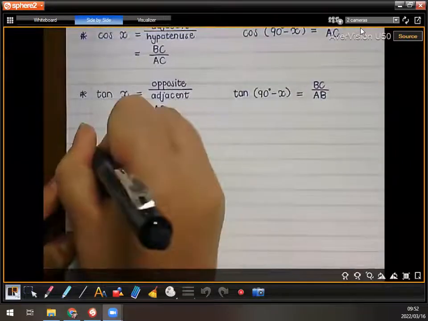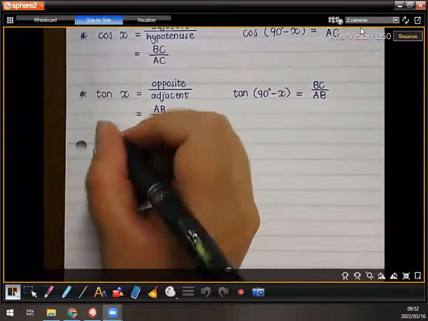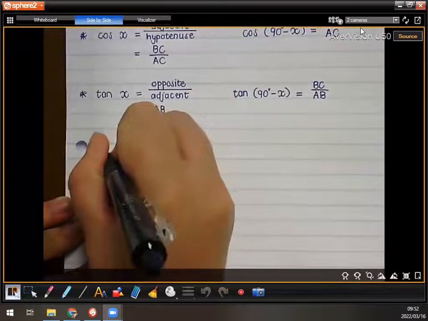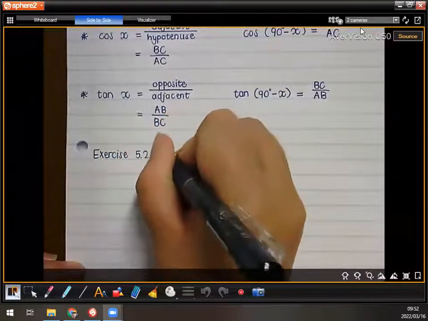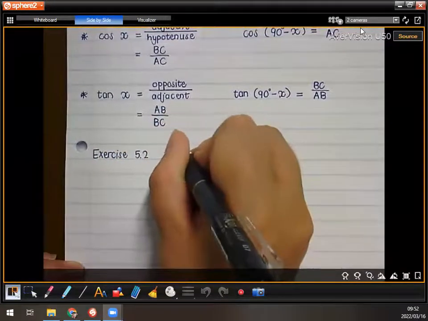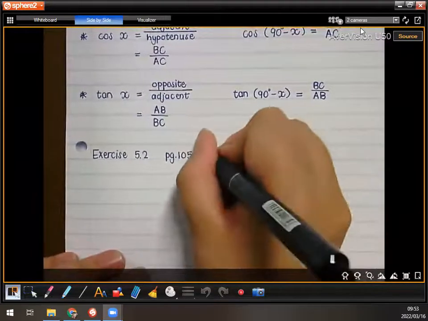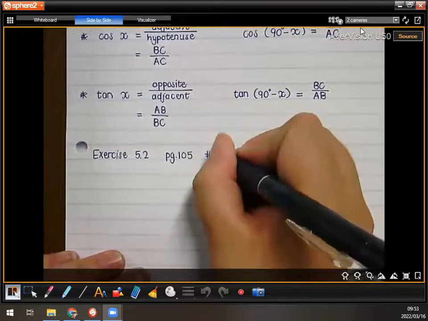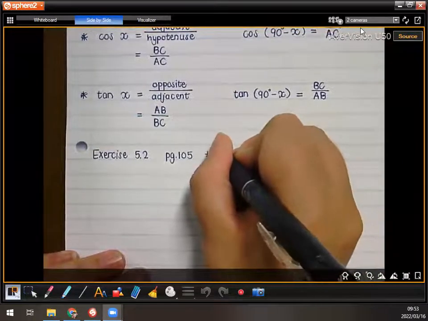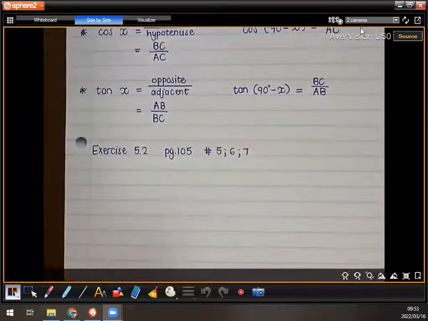So that is the exercise. This is now in your full textbook, obviously. Exercise 5.2 on page 105, numbers 5, 6, and 7.